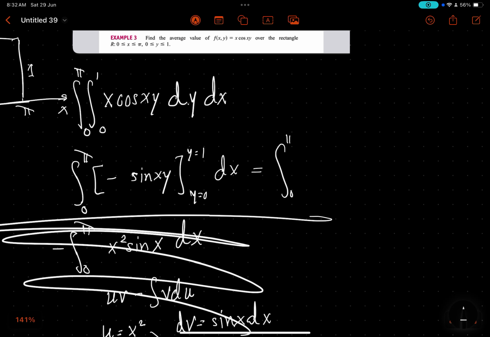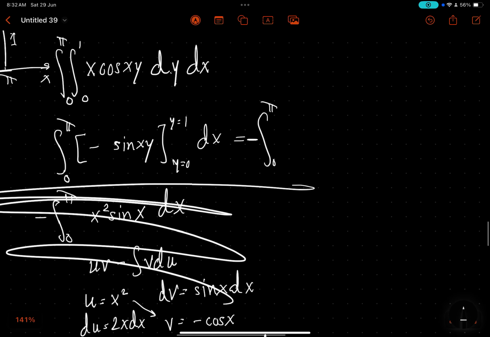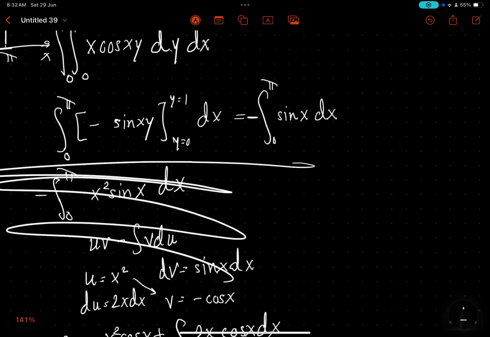We did integration by parts, but if you had a problem with integration by parts, you know how to do it now. Just basically minus sine of x dx, and sine of 0 is 0.